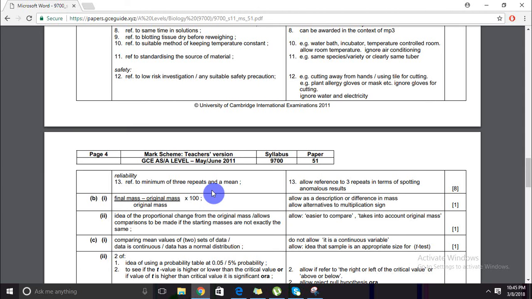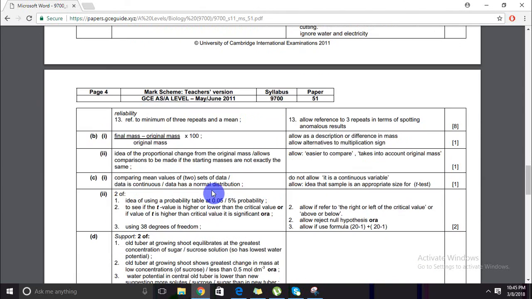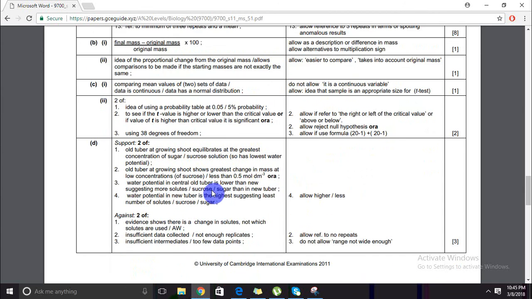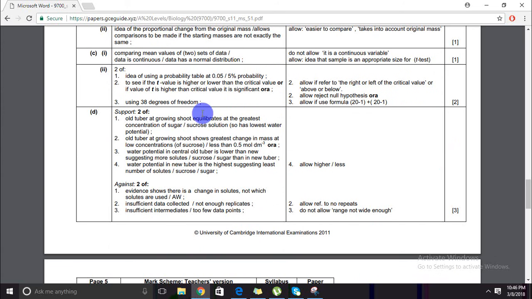So comparing mean values of two sets of data using a probability table at 5% probability to see if the value is higher or lower than the critical value using 38 degrees of freedom. And this is easy.